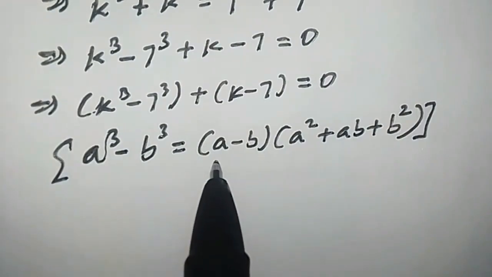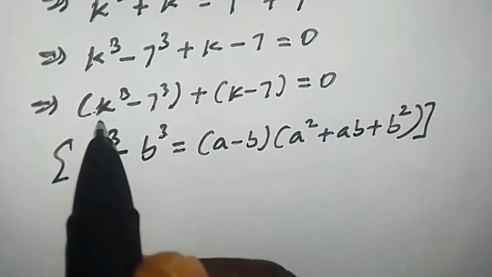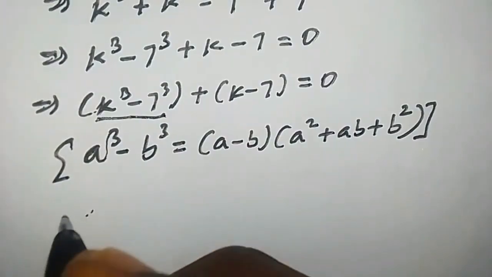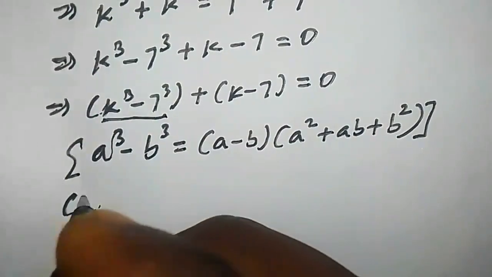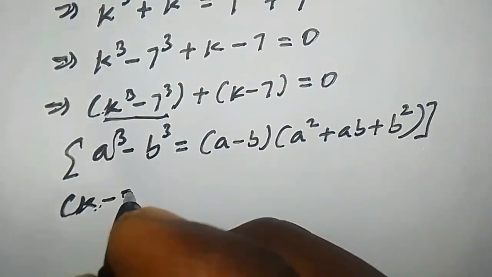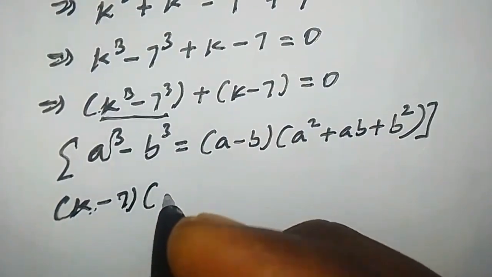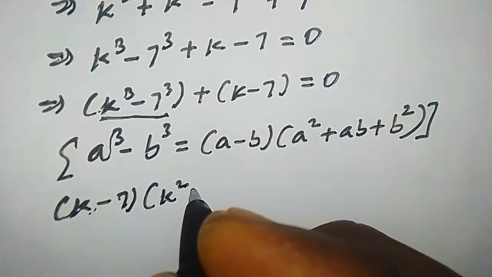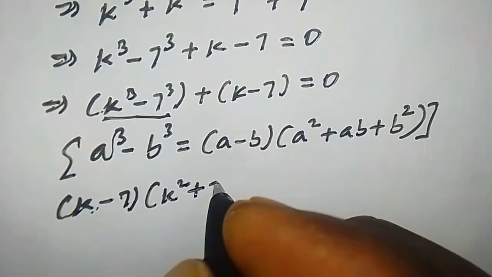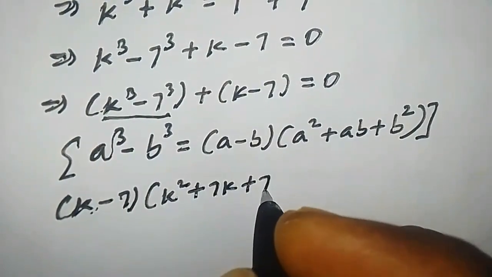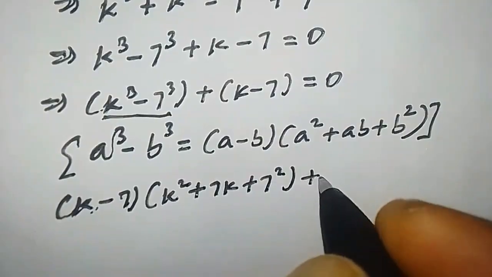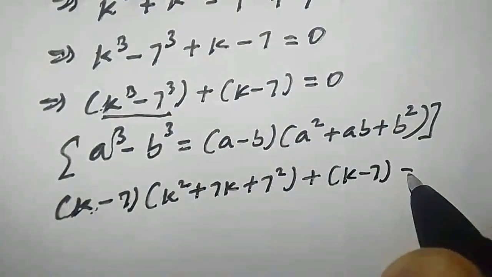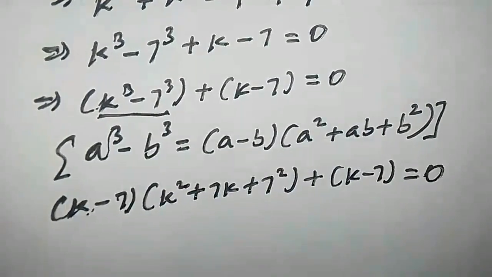Applying this particular identity, if you do that very well, you're going to have K minus 7 times K square plus 7K plus 7 square, plus this K minus 7 equal to 0.